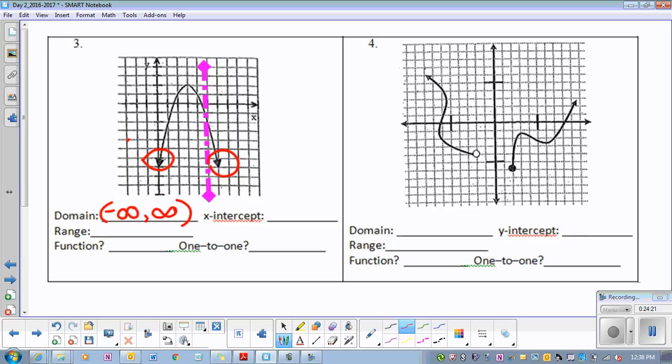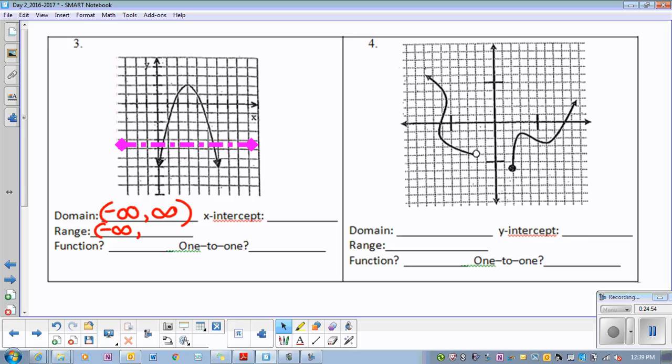Okay, so for this one, a U-shaped graph, a parabola, the domain is all real numbers, okay? Now, what about the range? Oh, look at that. What do we have? Arrows going where? Down. Down to where? Negative infinity. So this graph is coming up from negative infinity, right?